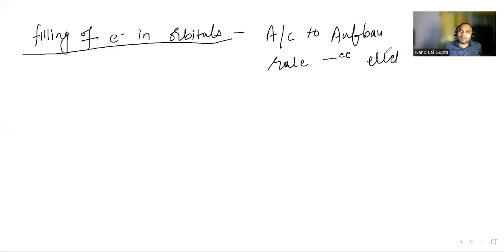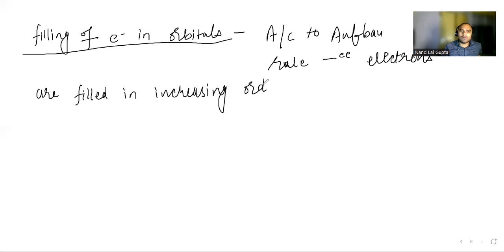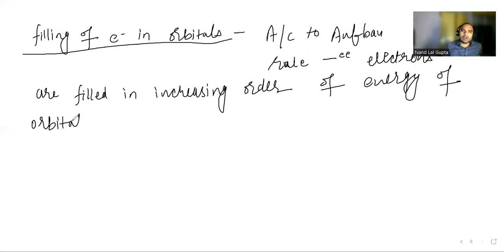Electrons are filled in increasing order of energy of orbitals. You need to fill the electrons in increasing order of energy of orbitals.